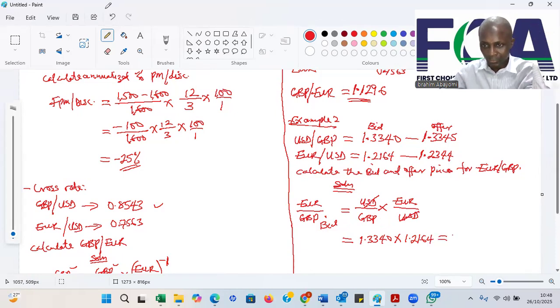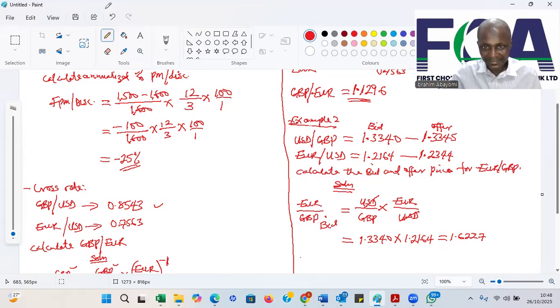From this, we see that the bid price is what? 1.3340 multiplied by 1.2164. That's, we have 1.622, approximately 1.6227.